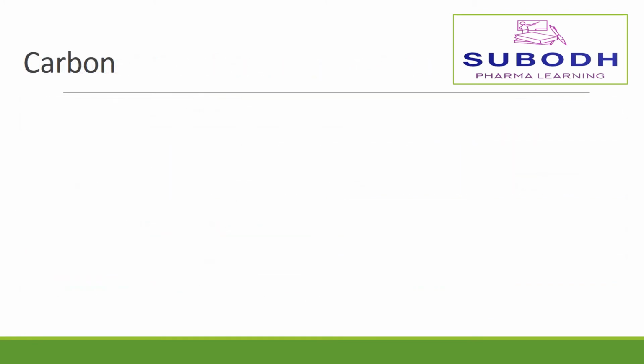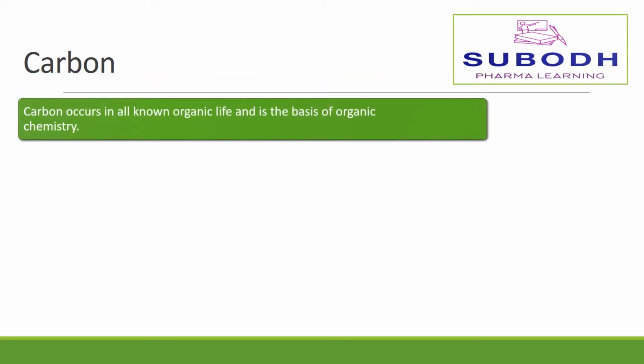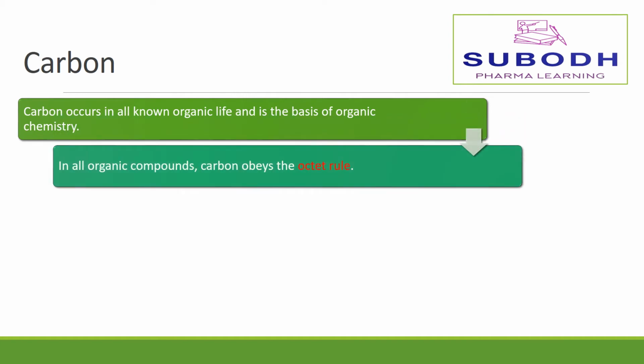Now we will see the properties of carbon. Carbon occurs in all organic life, and it is the basis of organic chemistry. In all organic compounds, carbon obeys the octet rule. What is the octet rule?